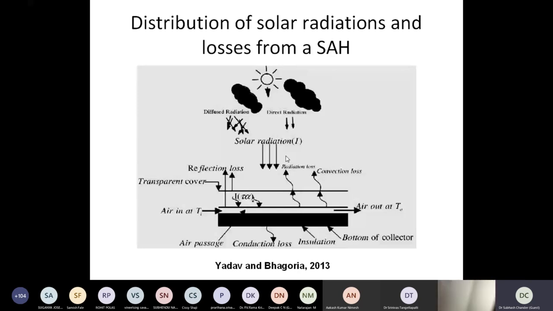Glass has the special characteristic that it allows shorter wavelength radiation to pass through, and radiation coming from the sun is in general of shorter wavelength, right? So it can easily pass through the glass cover and strike the absorber plate, which is more often a blackened surface, because we want to increase its absorptivity so that most of the energy gets absorbed. Whatever energy is absorbed is conducted to the bottom side of the absorber.